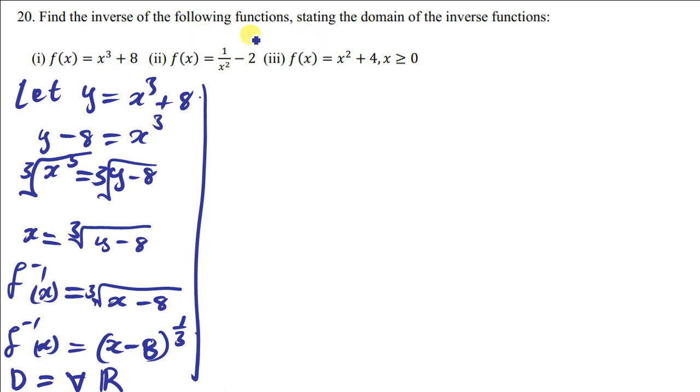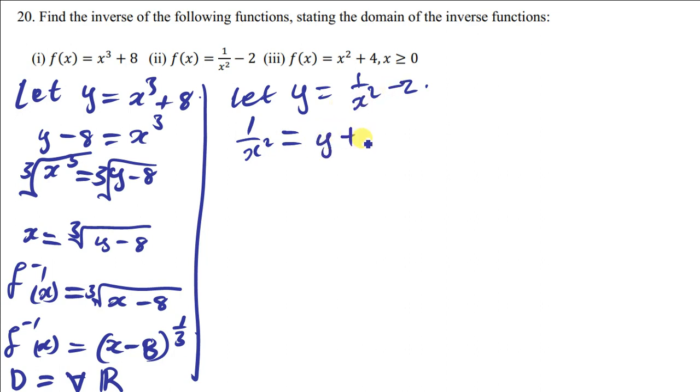This one. First I have to find the inverse of this function. So likewise, I'm going to equate it to y. Say let y be equal to 1 over x squared minus 2. So I'm going to take this negative 2 to the other side, so that I remain with 1 over x squared this side, and then this other side I'm going to have y plus 2.